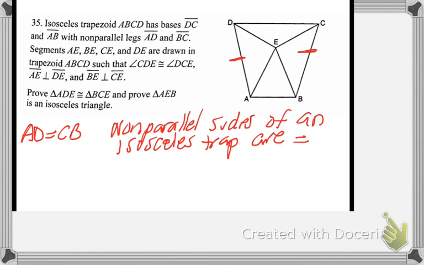Okay, so they did that. Now don't forget, in an isosceles trapezoid, the base angles would also be equal, this one and this one. But we're going to wait and see if we even need that, and keep that in mind.